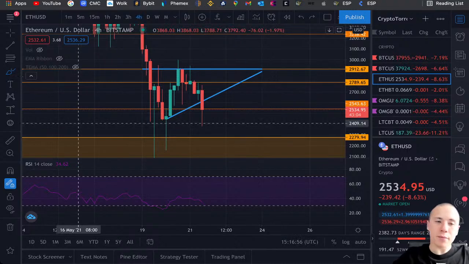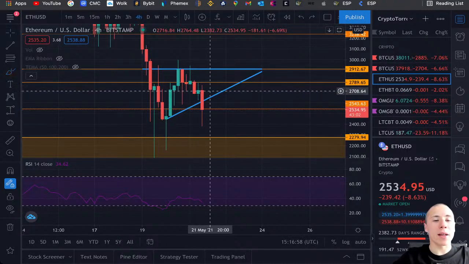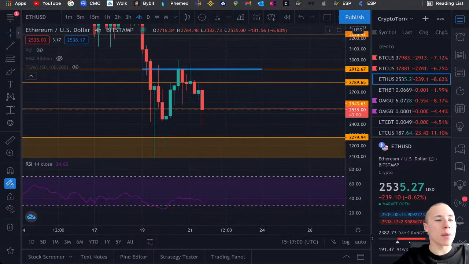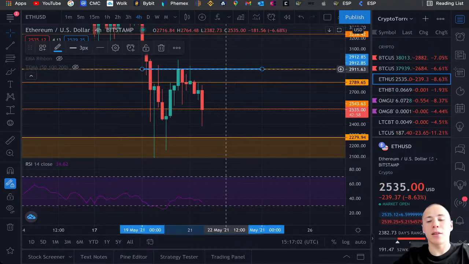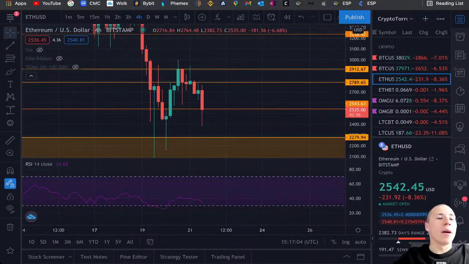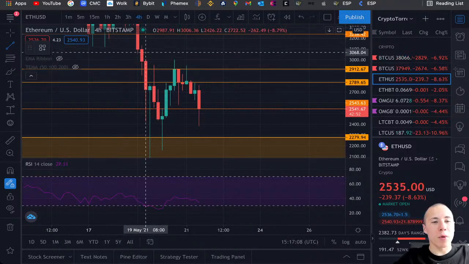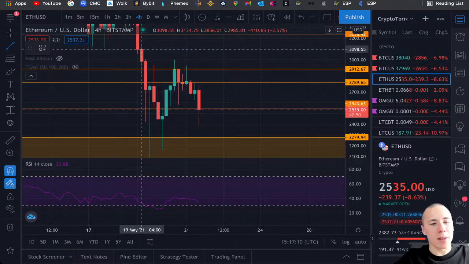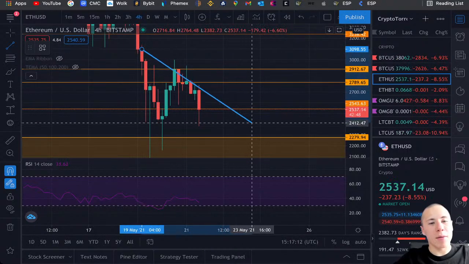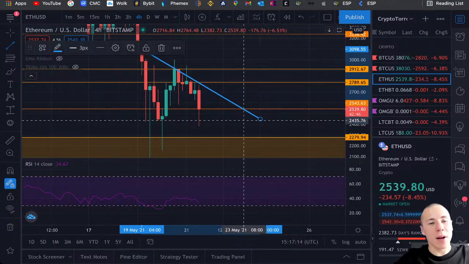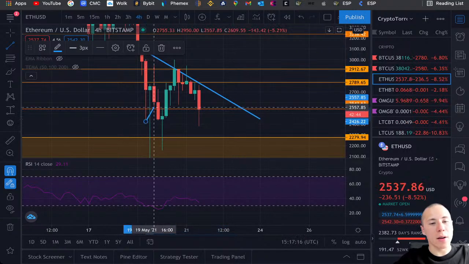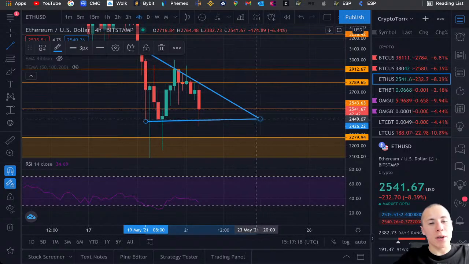So I personally won't be drawing it like this, but we could possibly be drawing this a little bit differently, especially if you think that Ethereum will be having even more downward momentum being created. That could be a descending triangle that you are seeing over here that we could measure like this.